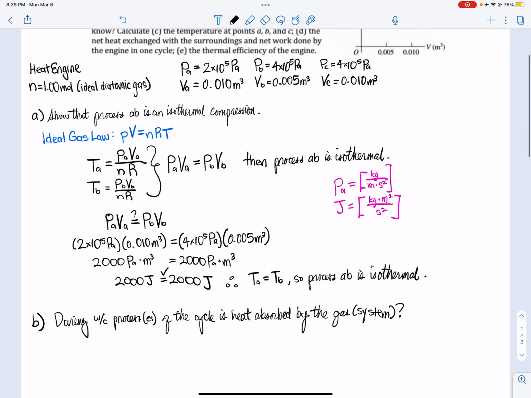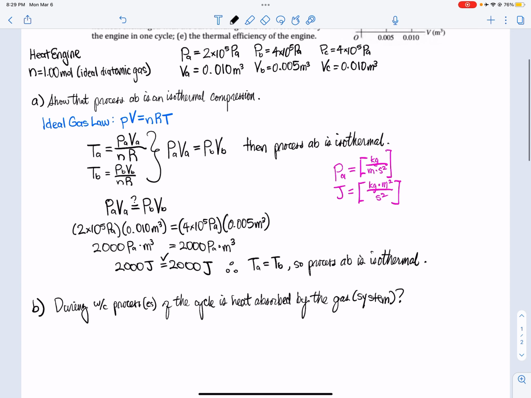If you see me use the word gas and system interchangeably, that's because the gas is the system. And the other question is, during which processes of the cycle is heat rejected or released by the gas?